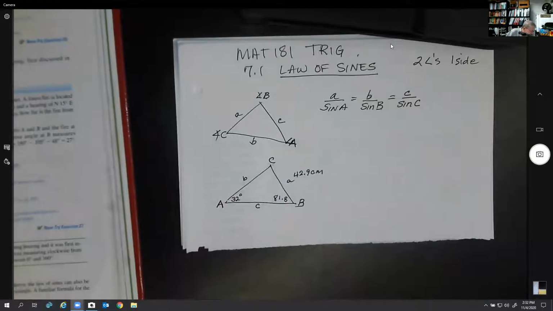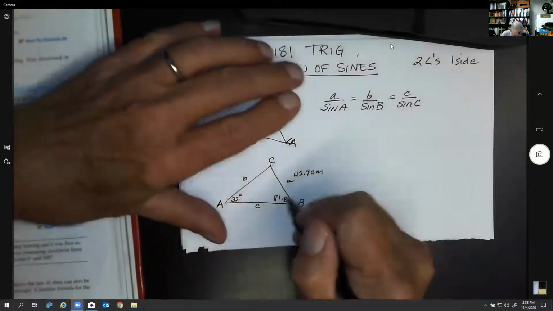It says on this drawing, start by drawing the things to scale and the given parts known. And what do we want to find on this? We want to find the missing angles and the sides. Okay, we try to find them all.